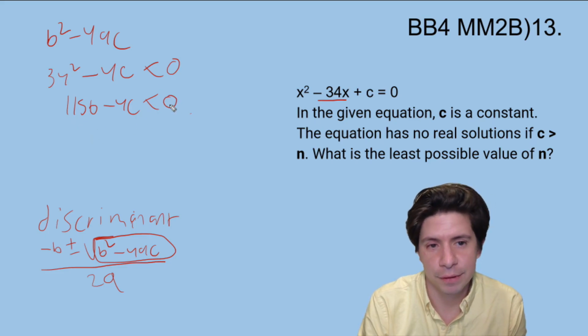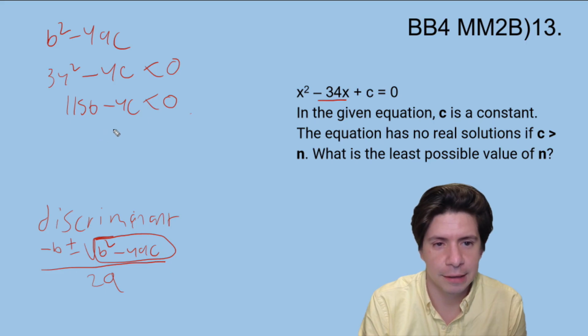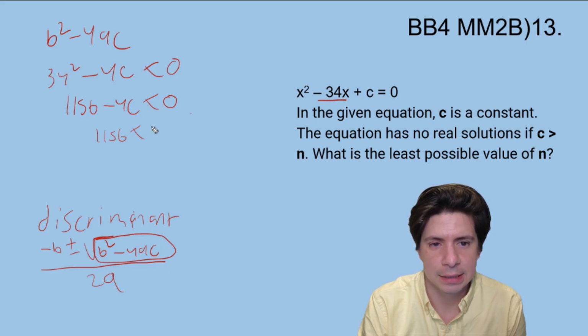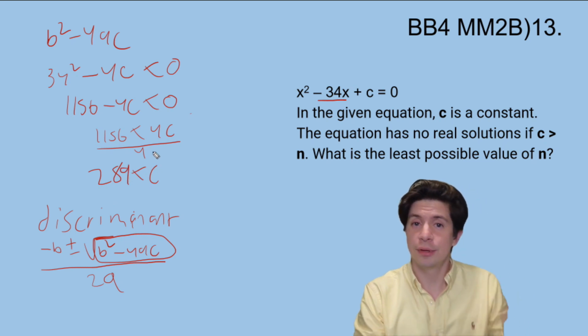And now we're going to move the 4c over, so we have 1156 is less than 4c, and we're going to divide by 4. So c is greater than 289, right? So here's a trick.